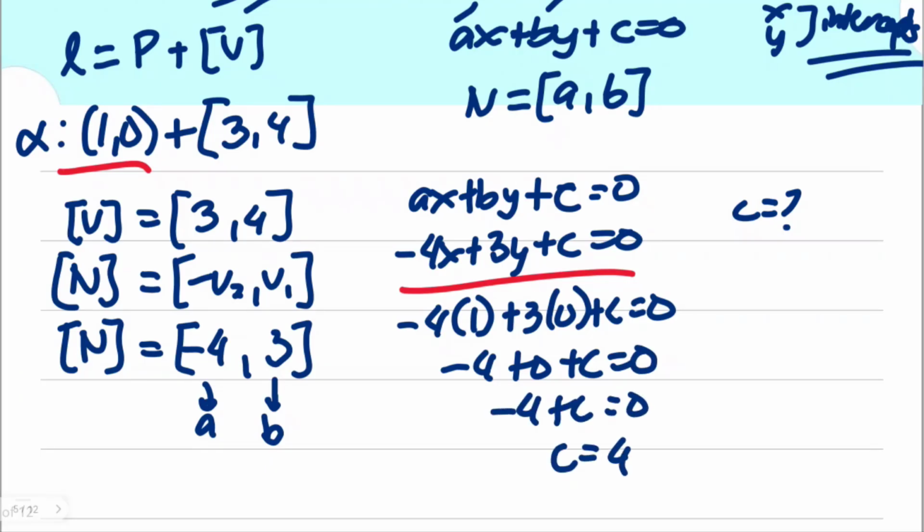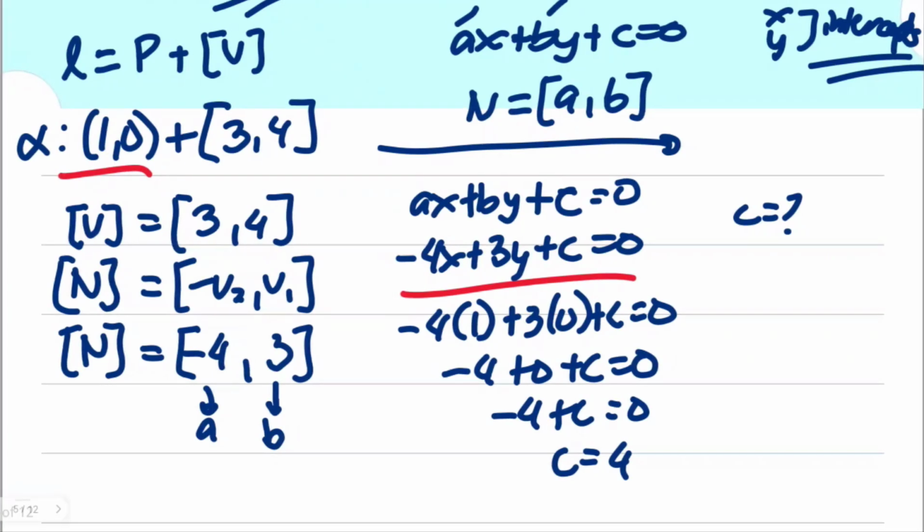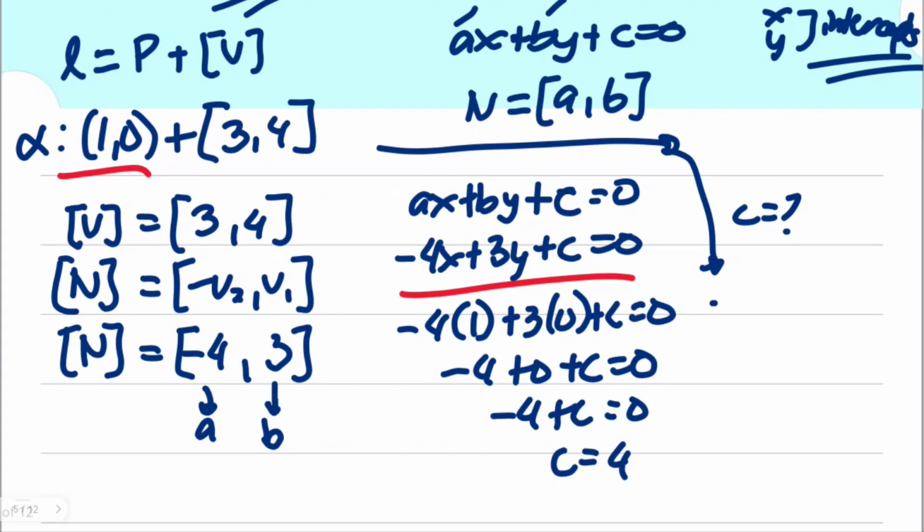Hence, the actual form of this in terms of AX plus BY plus C is, we have here at the bottom, negative 4x plus 3y plus 4 is equal to 0. If you don't like negative leading coefficient, you'll have 4x minus 3y minus 4 is equal to 0.